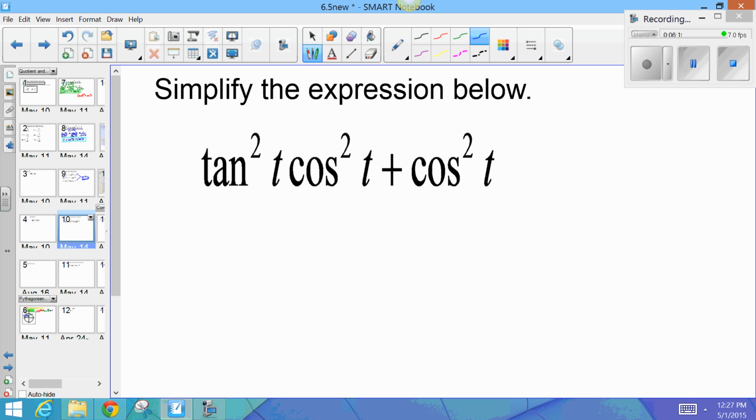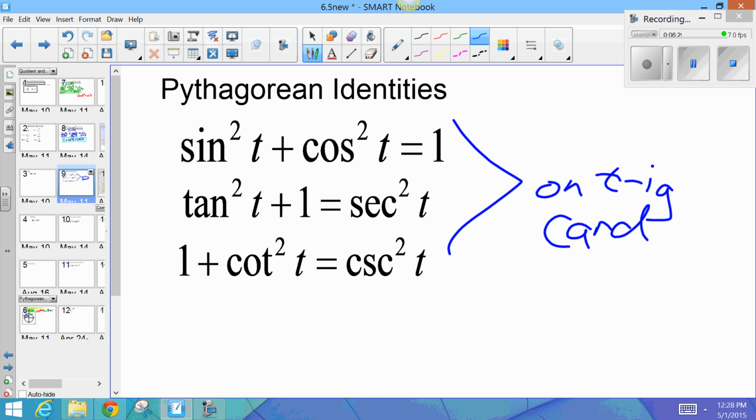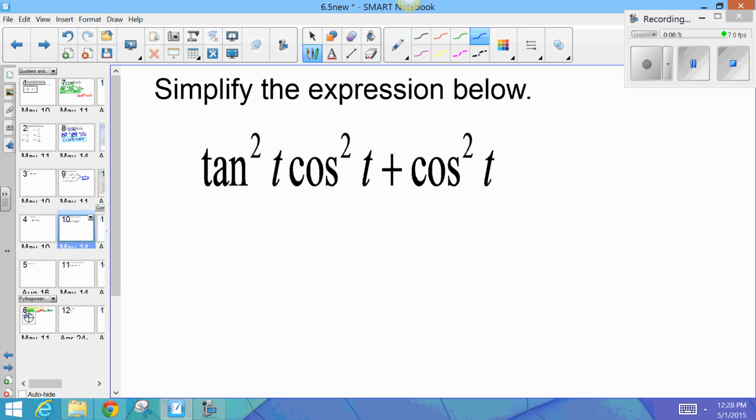Simplify the expression below. All right, so what I want to do is see if I can get one of these trig expressions to show up in this. That might help me simplify it. What I see is that in both of these two terms, I've got cosine squared of t.